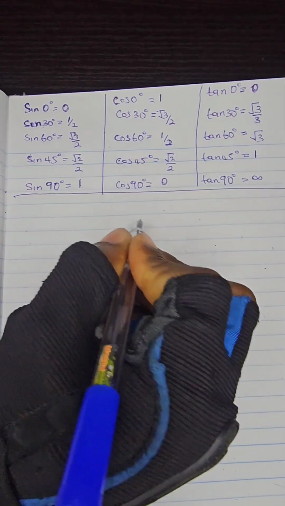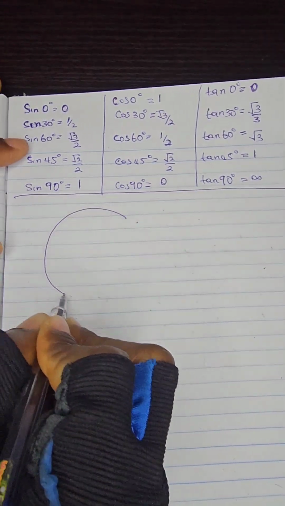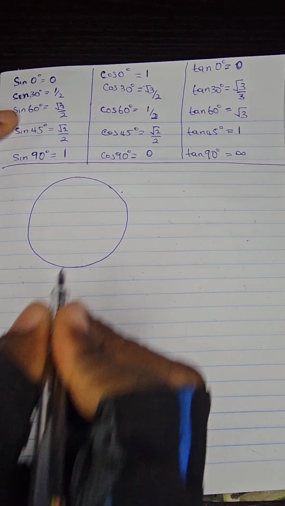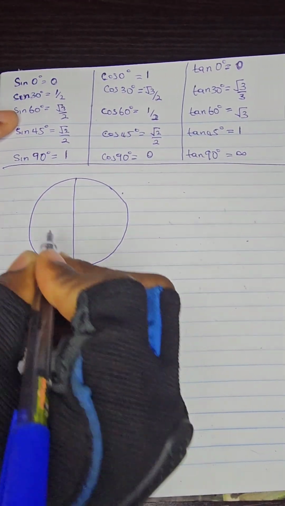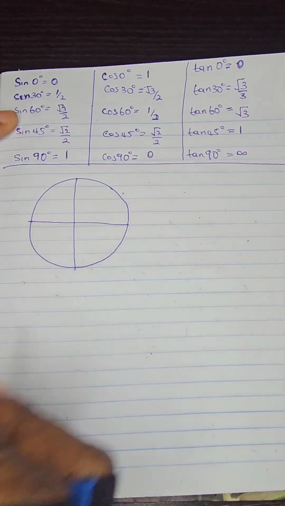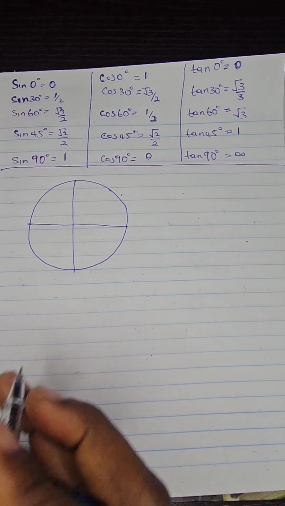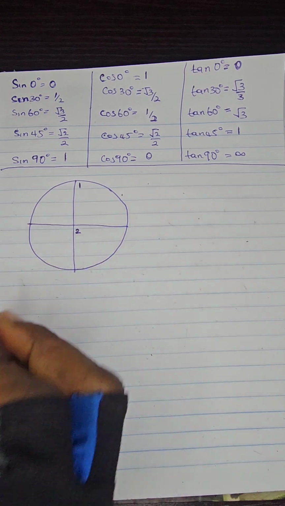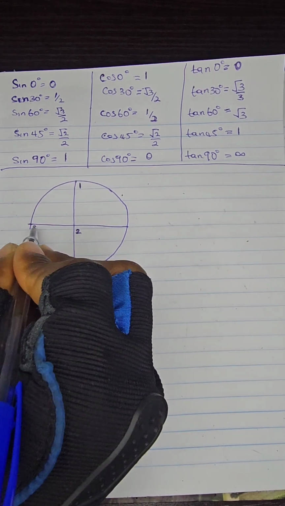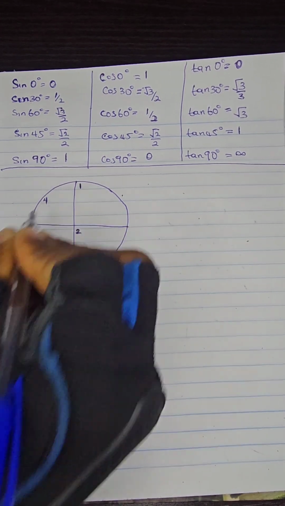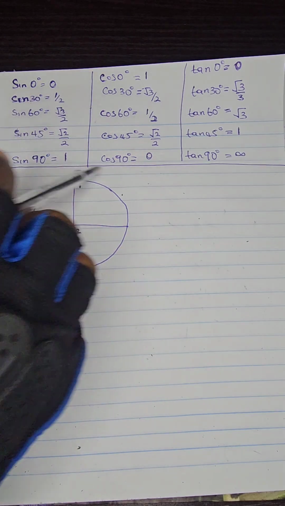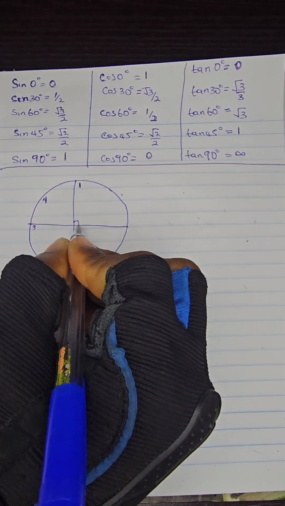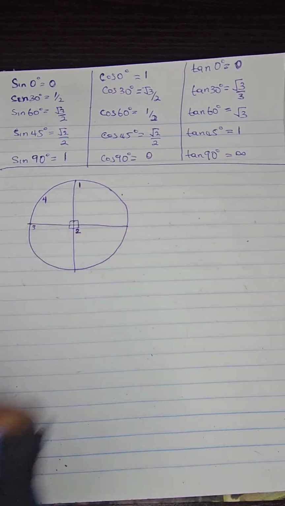Let me say this is a circle, and let's say this is a quadrant of the circle. Let's say this is the first quadrant, second quadrant, third quadrant, and fourth quadrant. Now everything we did here is in the first quadrant, because this is 90 degrees, another 90 degrees, another 90 degrees, another 90 degrees.